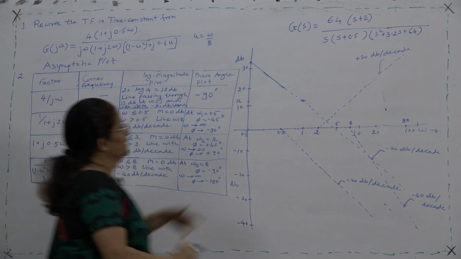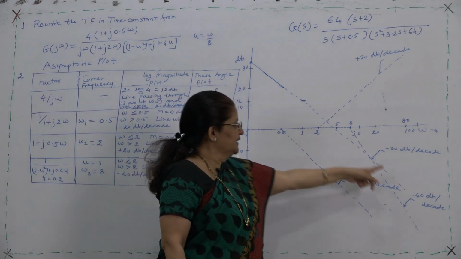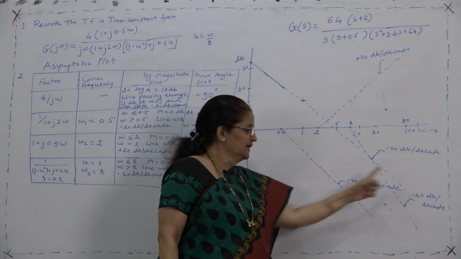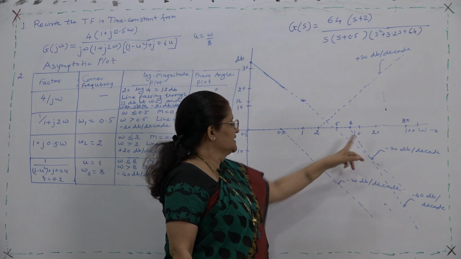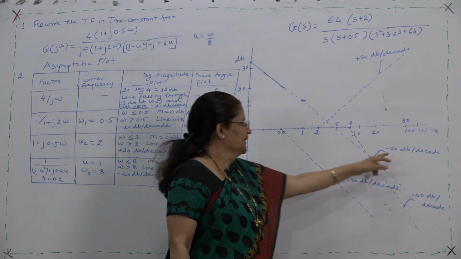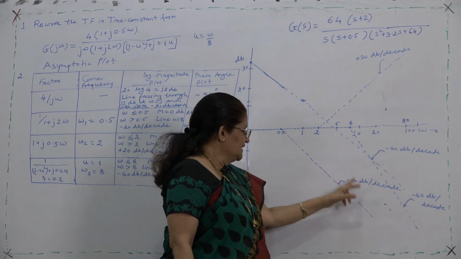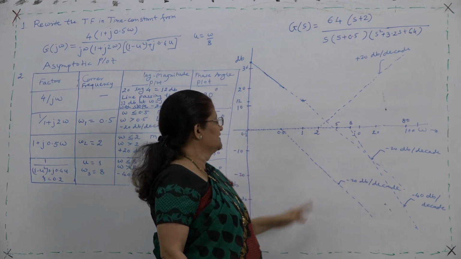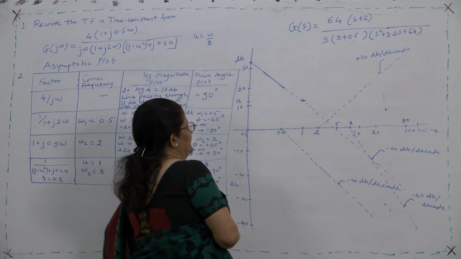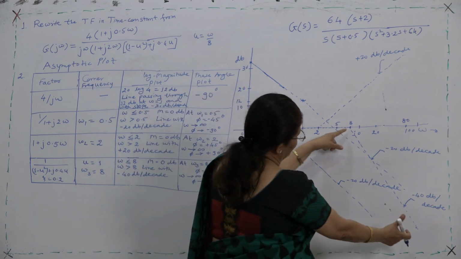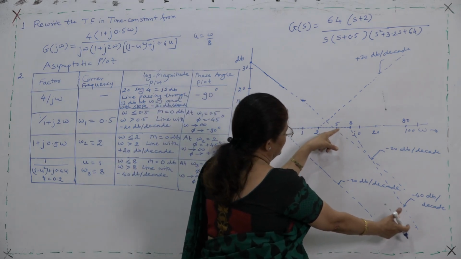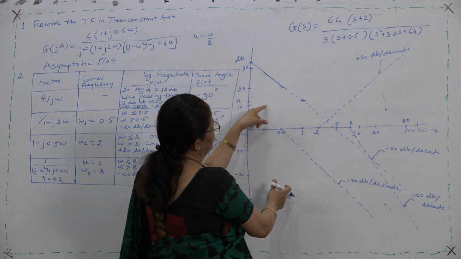So, what we will get? Because of 4 upon j omega it is minus 20 dB per decade, and because of 1 upon 1 plus j 2 omega it is minus 20. So, what you will get? Minus 20 additional minus 20. So, minus 40 dB. How will you draw the minus 40 dB line? If you have now the line with minus 40 dB, you draw a parallel line.